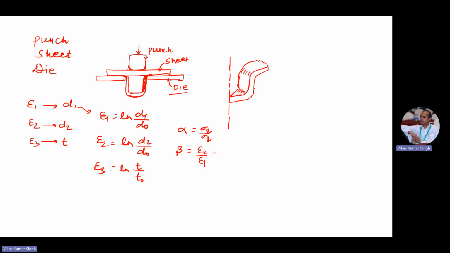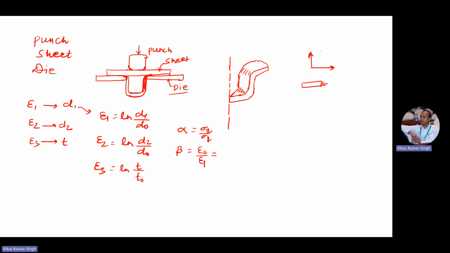In the case of sheet metal drawing, d1 and d2 are the two directions of the circular blank. In one direction is d1 and in another direction is d2, and there is some thickness as well.